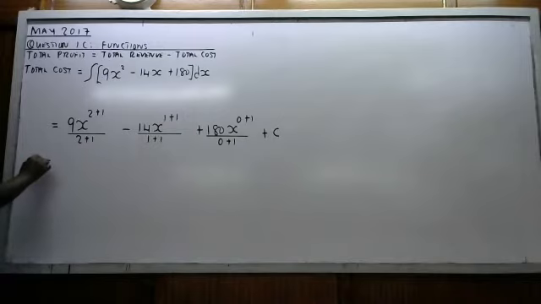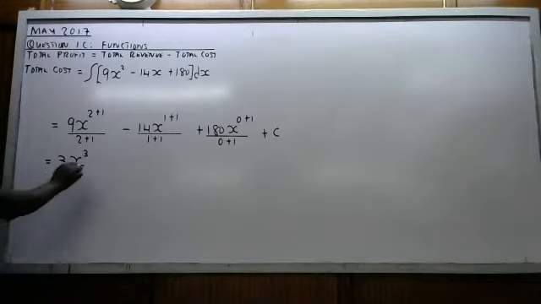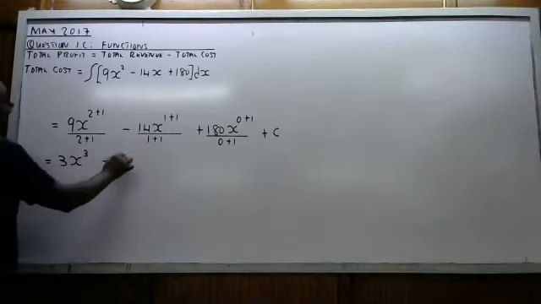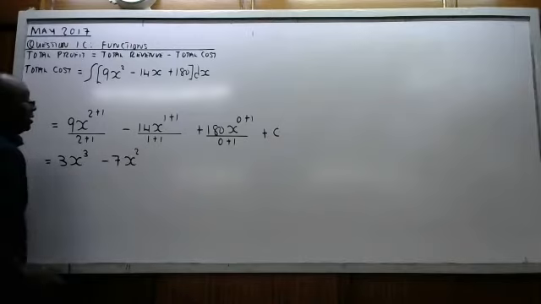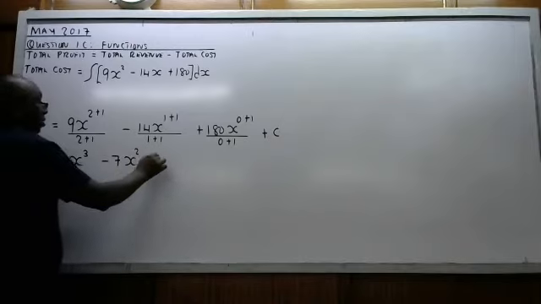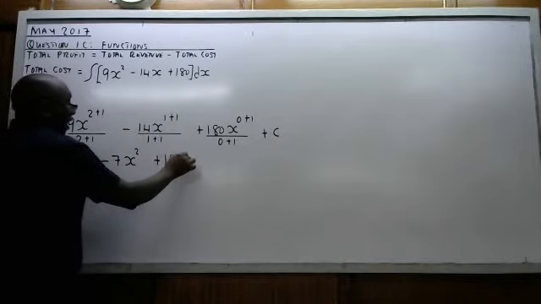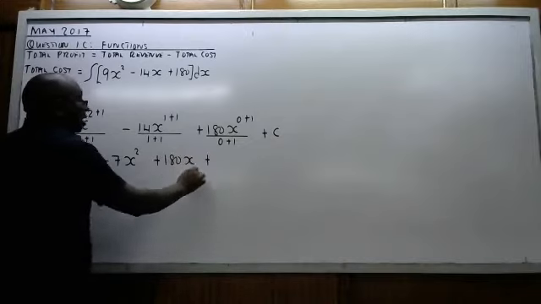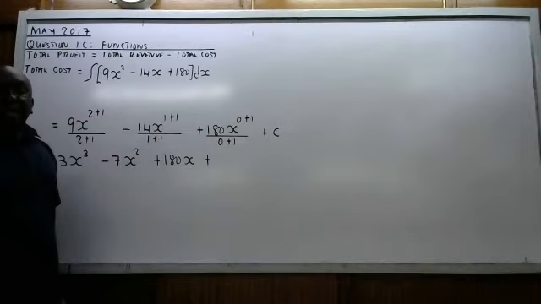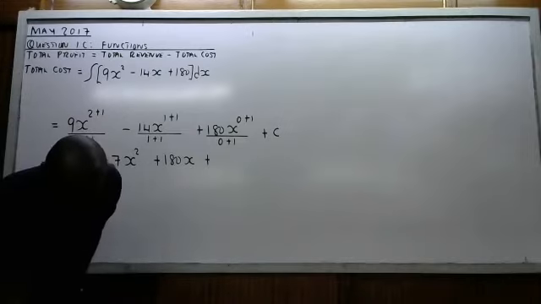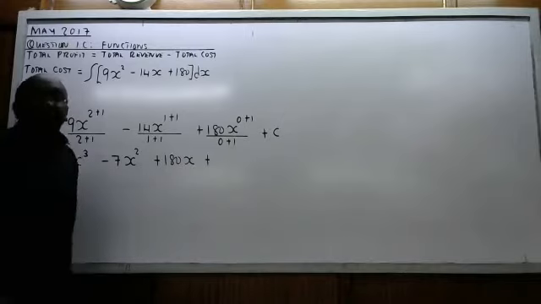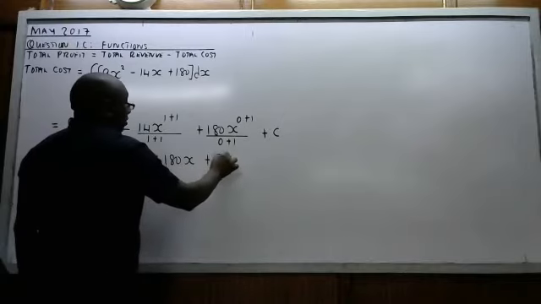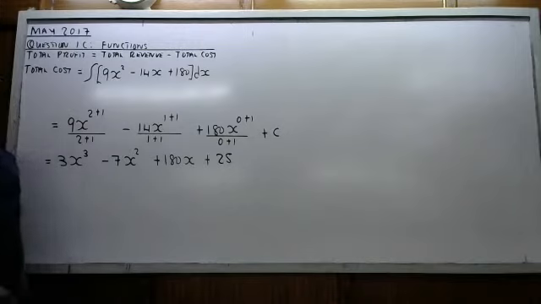This reduces to 3x cubed minus 7x squared plus 180x plus c. C is the fixed cost, which we are told is 25.